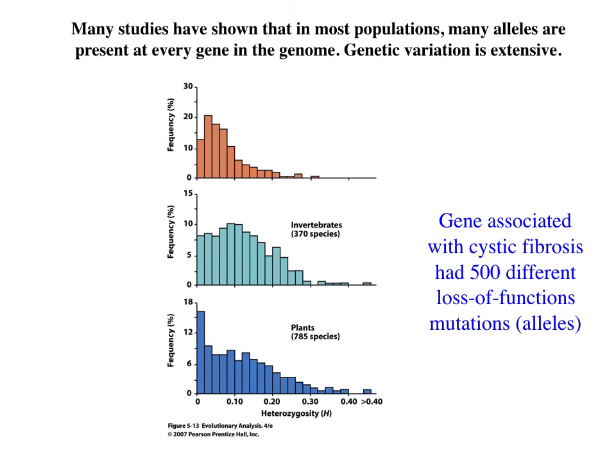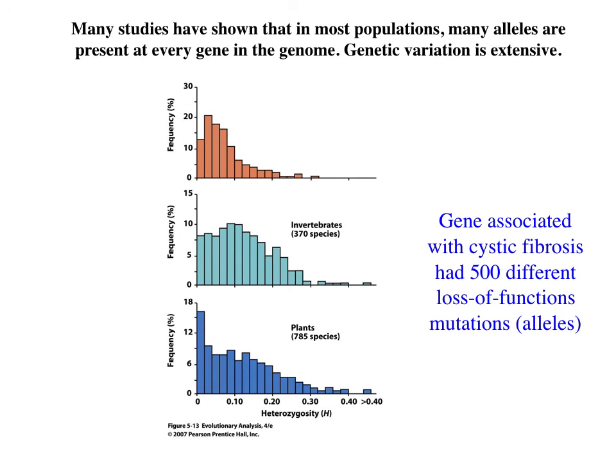The top one, the one that's not labeled, is for vertebrates. The middle one is invertebrates. The bottom one is plants, and that just shows you the mean heterozygosity in a whole bunch of different samples. So what we found, to our surprise, is that there are lots of different alleles, not just one most advantageous allele in a particular population.